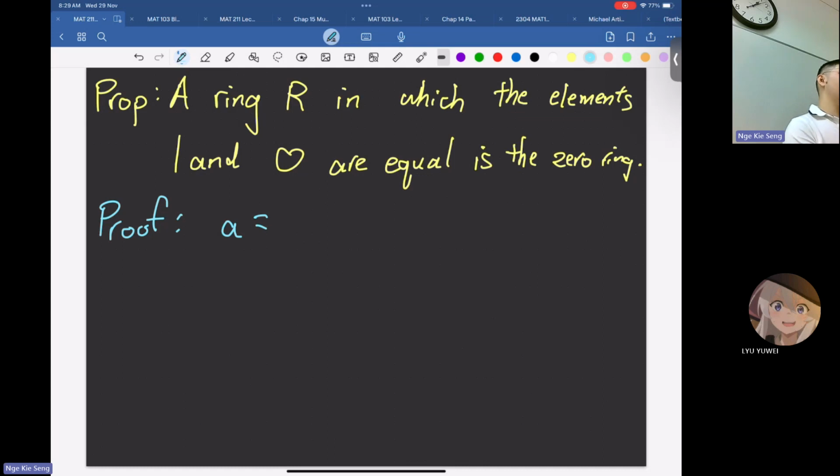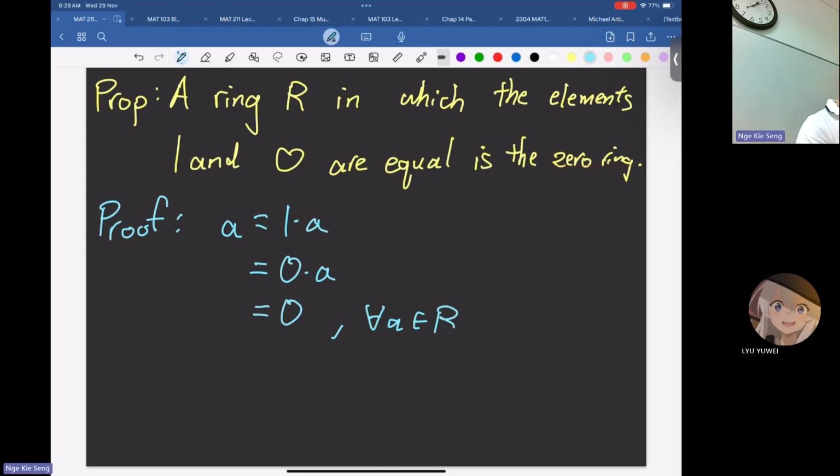You need to use the identity property right here. A equals what? Tanya, what do you want to say? 1 times A. Okay, but we assume that 1 is 0, so it is 0 times A, which by ring axiom again is 0. Okay, and this is true for all A. So it collapses into a 0 ring.